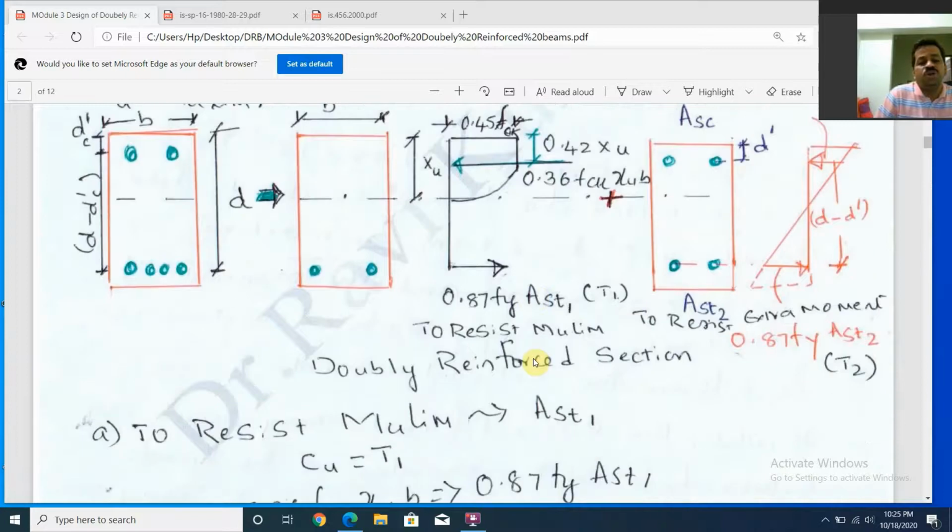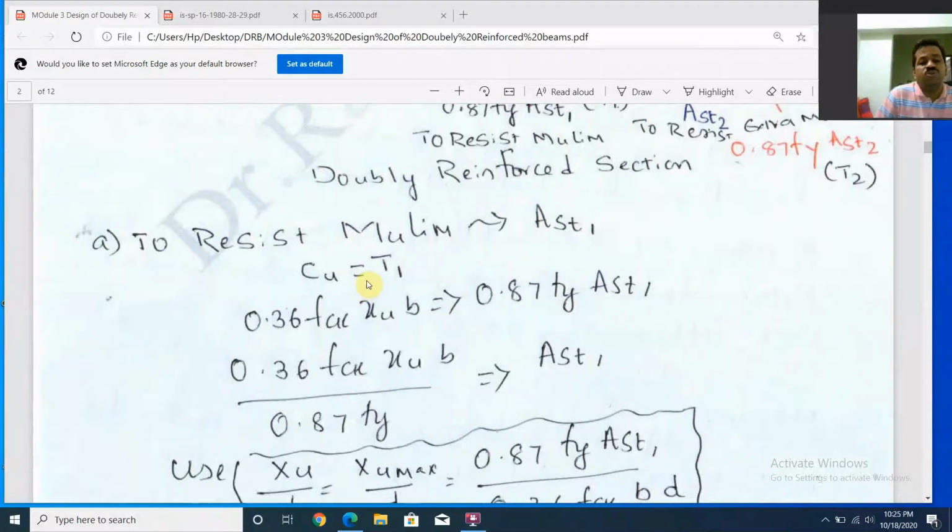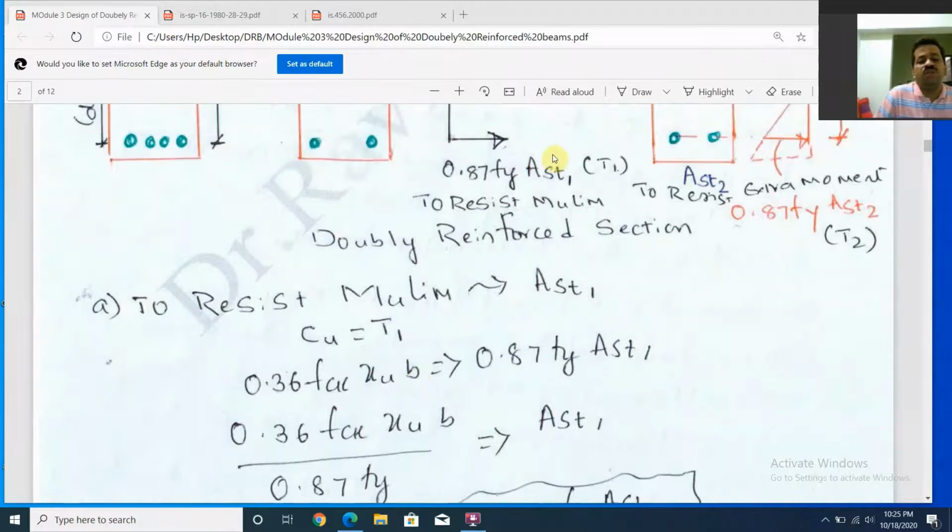Here, to resist Mu limit, as I told you, Cu is equal to T1. I have written the equation Cu equals T1, and in the first module we learned the derivation for Cu: 0.36 fck xu into b. In a similar way, T1 is nothing but the force created in the tension steel, that is stress into area. This is the characteristic stress, and the design stress is equal to the characteristic stress divided by the partial safety factor.